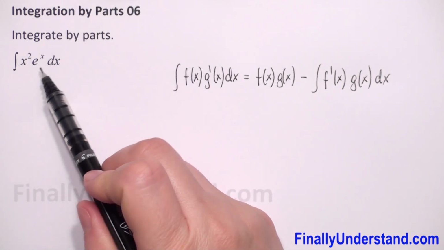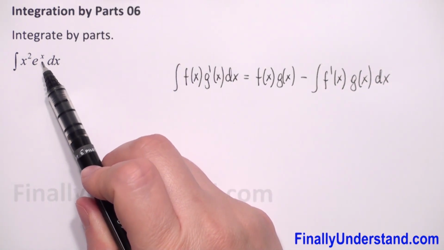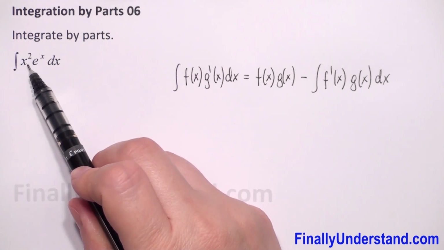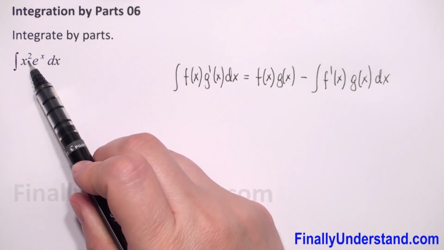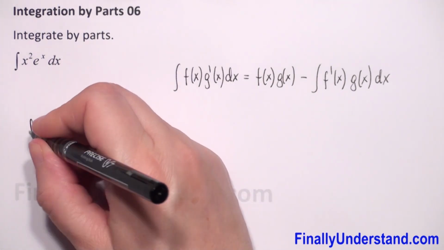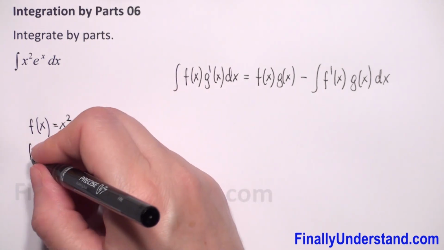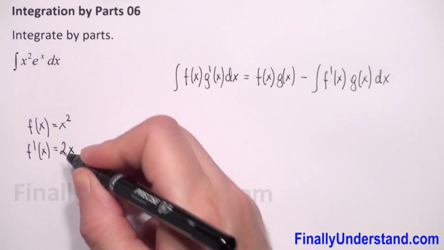Because we have x squared and e to the power x here, we know that the derivative of e to the power x is still e to the power x, and the derivative of x squared will be 2x, so the power will reduce to 1. So we will put f of x is equal to x squared. So f prime of x will be 2x.